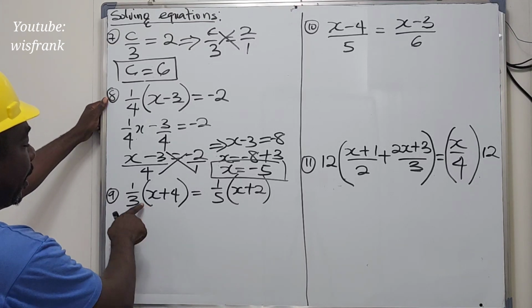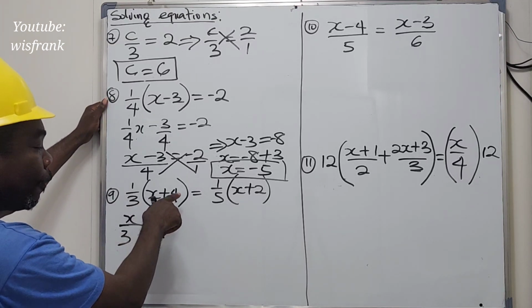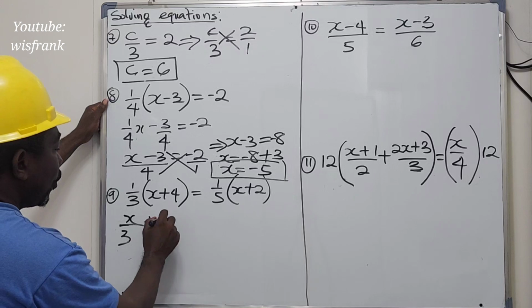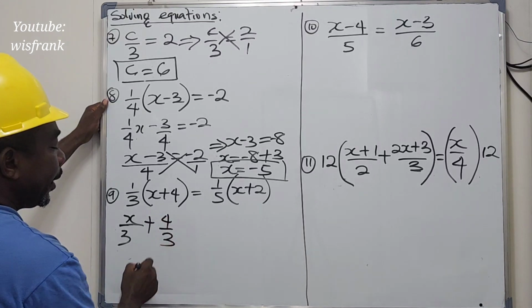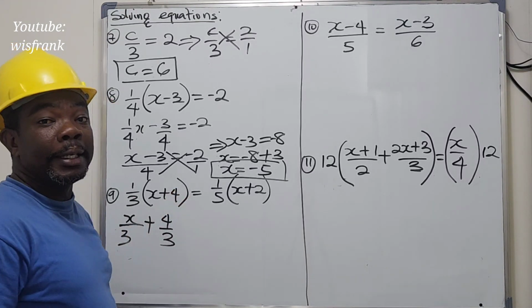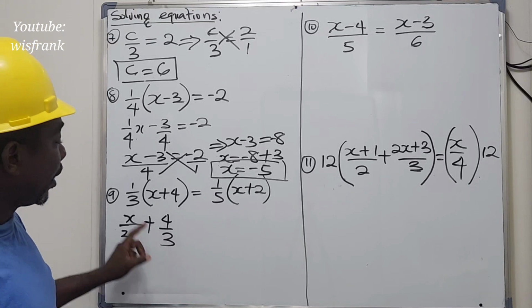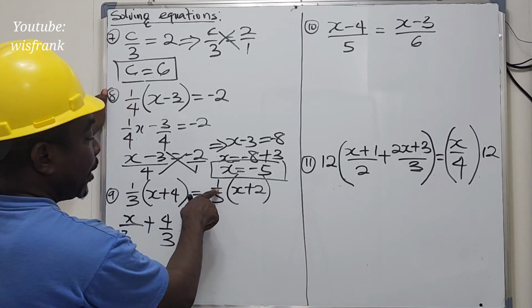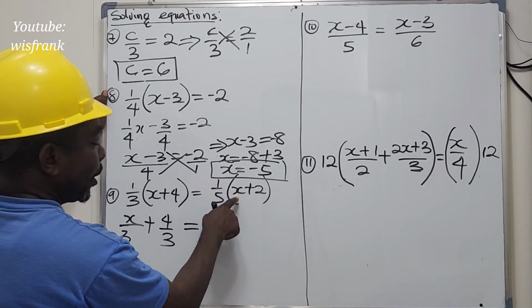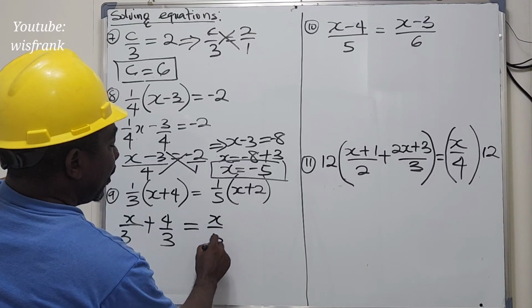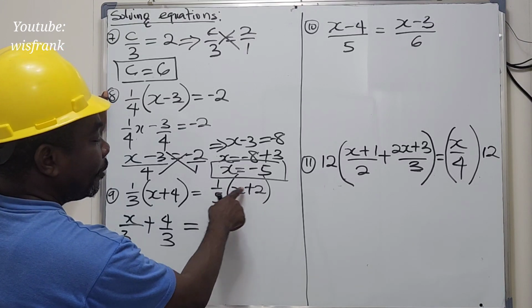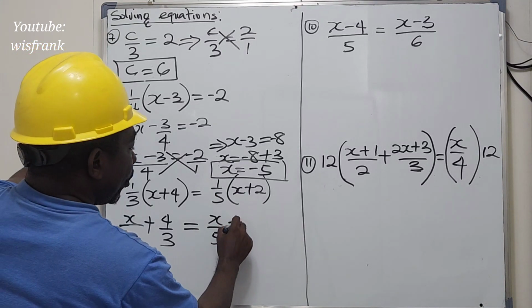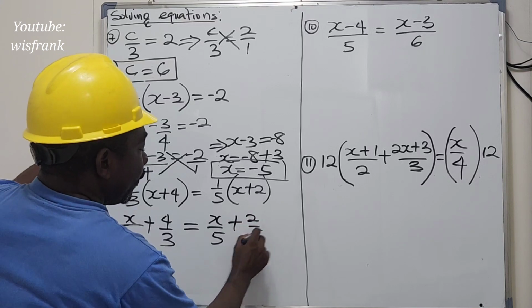You see the same thing. Then 1 all over 3 times 4 is plus 4 all over 3, equals the same thing. 1 all over 5 times x will give us x all over 5. Then 1 all over 5 times 2 will become plus 2 all over 5.